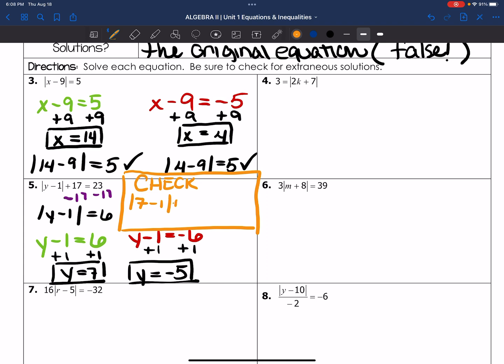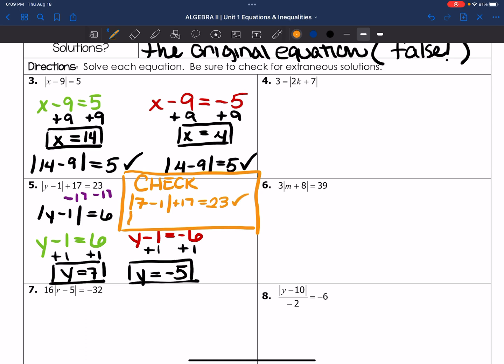and then you add 17, what is that going to give you? That's going to be equal to 6, and when you take the absolute value of 6, that's once again 6, and 6 plus 17 is in fact 23. So that works. That's what we wanted.